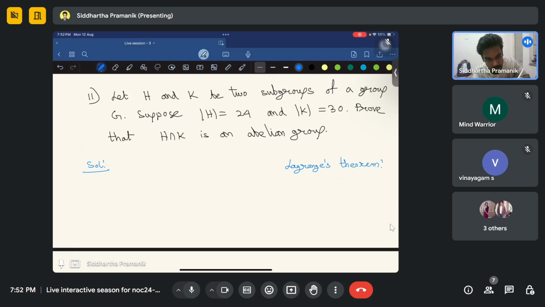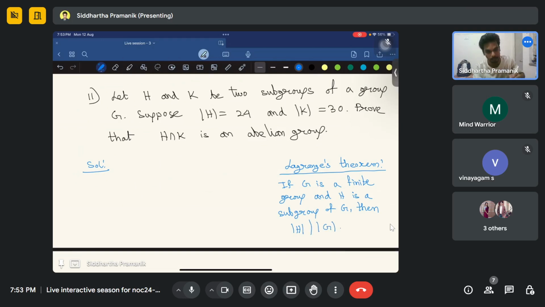So let me recall Lagrange's theorem for you. If G is a finite group and H is a subgroup of G, then the order of H must divide the order of G. So this is Lagrange's theorem.